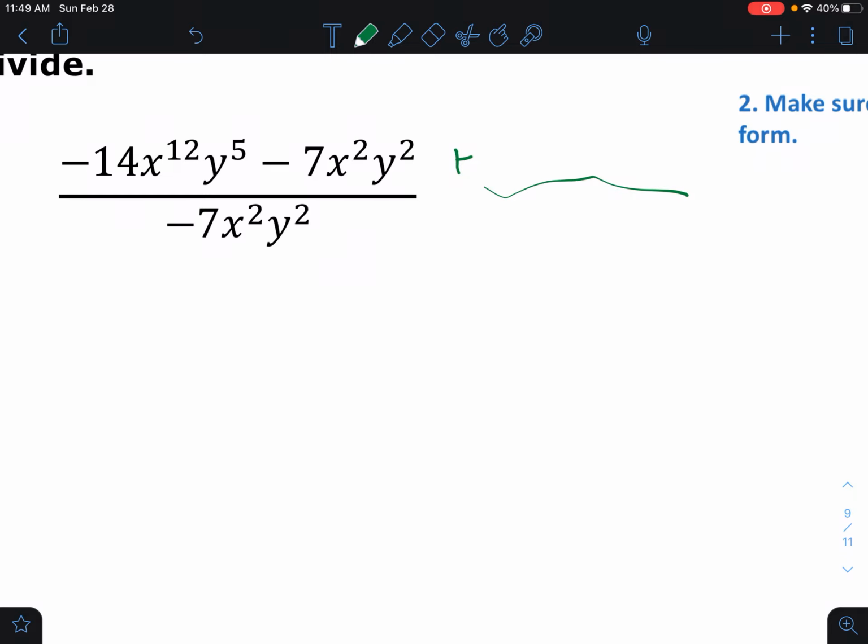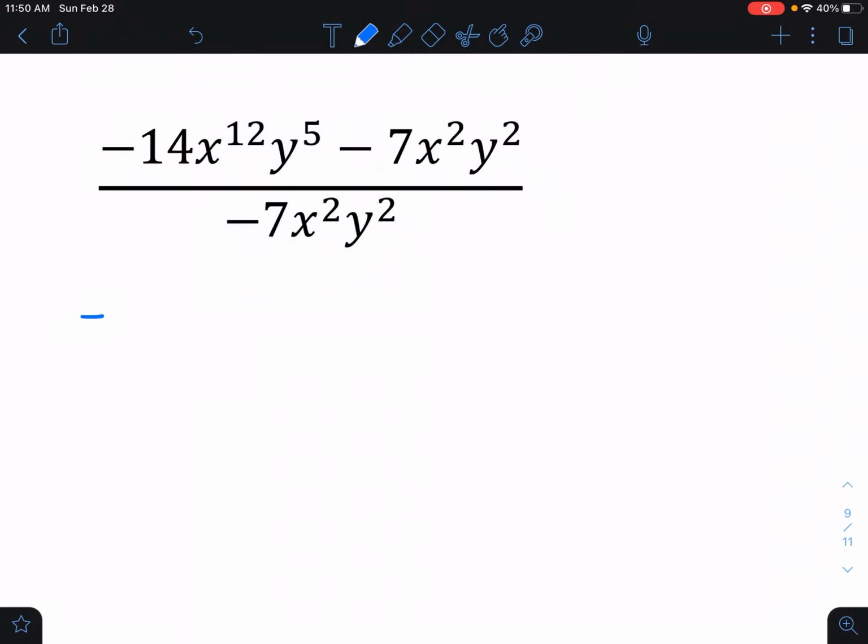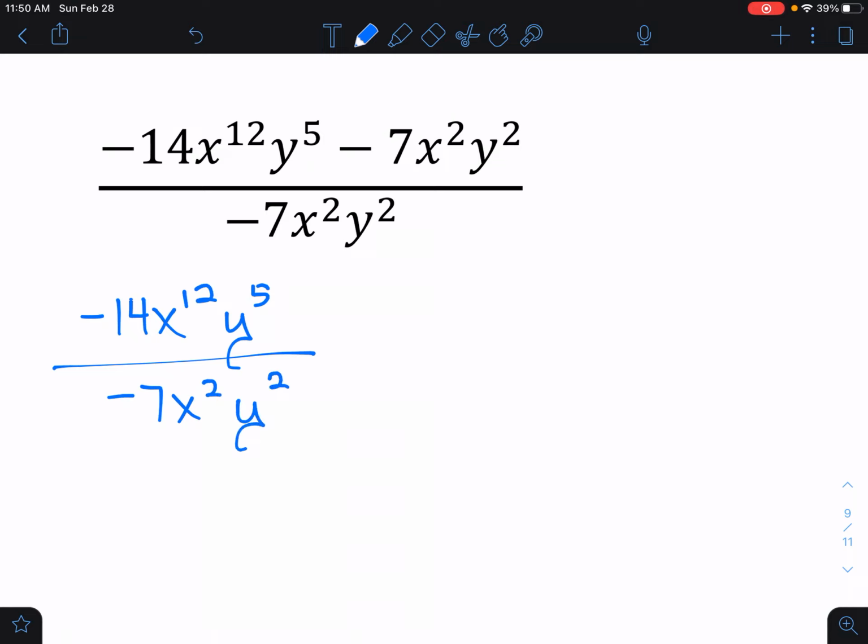However many are in the top, all these ones have 2 in the top, but you might have 3 occasionally, so be ready for that too. Okay, now I'm going to write this out. Negative 14x squared, x to the 12th, y to the 5th, divided by negative 7x squared, y squared. Now, if you get good at this, you might not need to write these out. You can do this in your head.